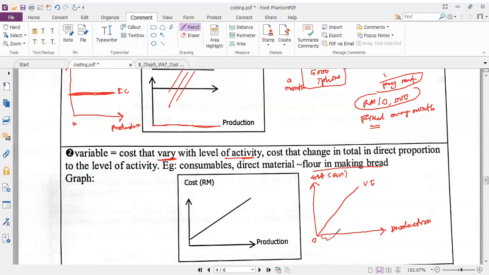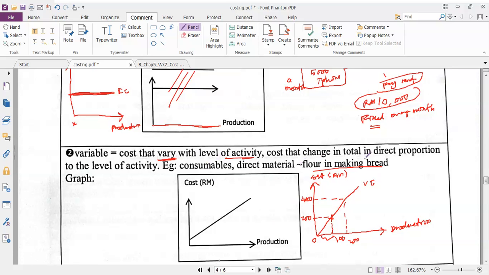Kalau dah bertambah sedikit, contoh production 100, titik dekat sini. Kalau production dekat 100, cost dia pula bertambah daripada zero jadi 200 contoh. Itulah maksud dia vary. Maksudnya kalau production bertambah, kita punya cost pun akan bertambah.